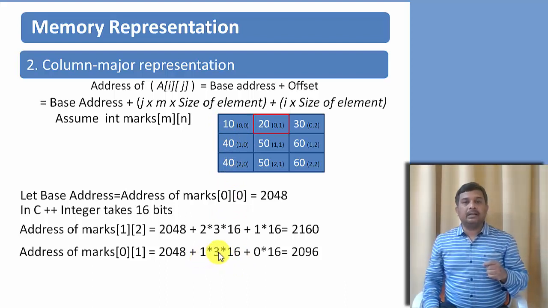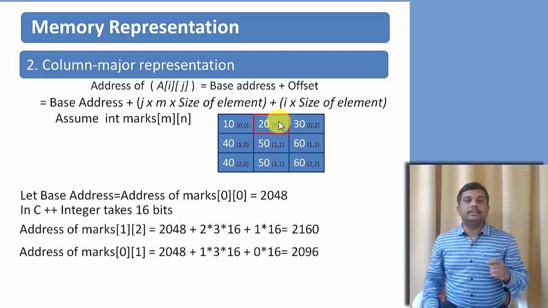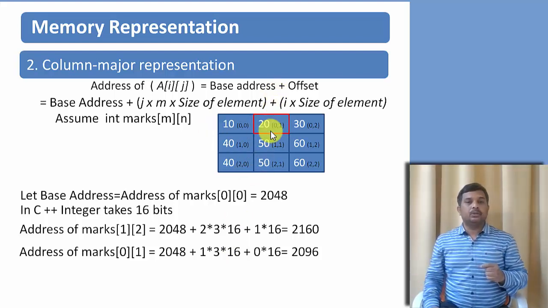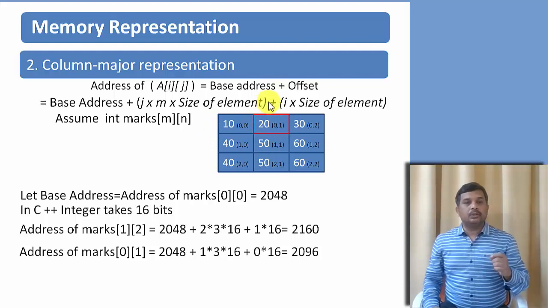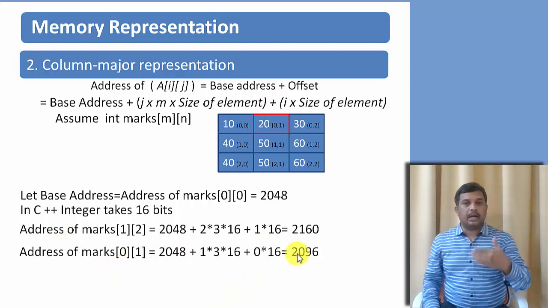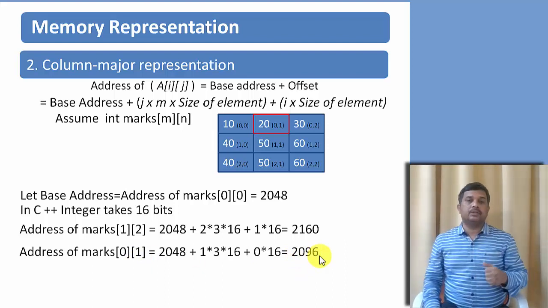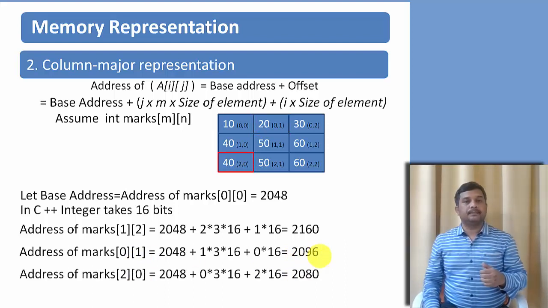And apart from that, the second part is 0. It means before this element, in this particular column, there are 0 elements available. So that's why 0 into 16. So the address of marks[0][1] will be 2096. Similarly, you take other memory locations and try to find the address of these locations.